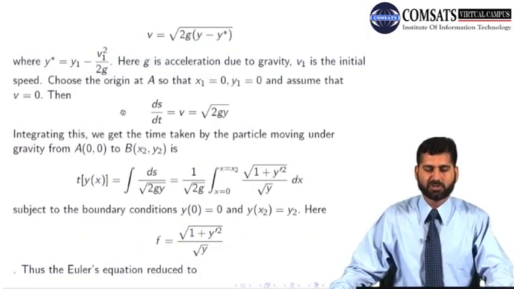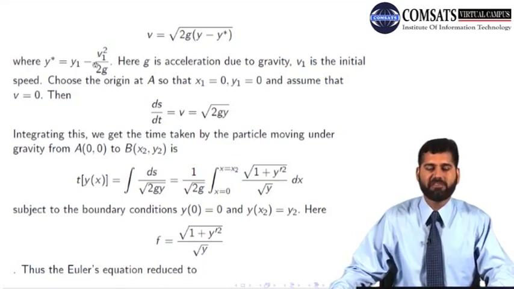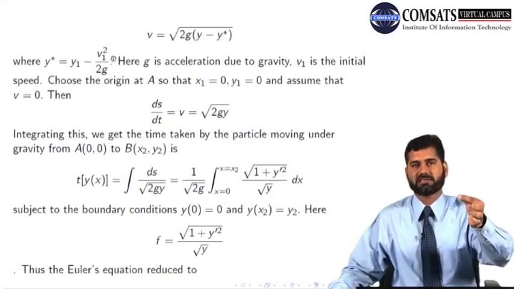So it means your v, which is the derivative of the distance as well, ds by dt, which is your velocity. Here, y star will become 0. The reason is y1 is 0. All right. So if y1 is 0, this term will become 0, and v1 is the initial velocity, and we are starting this from rest. Our particle starts from rest.